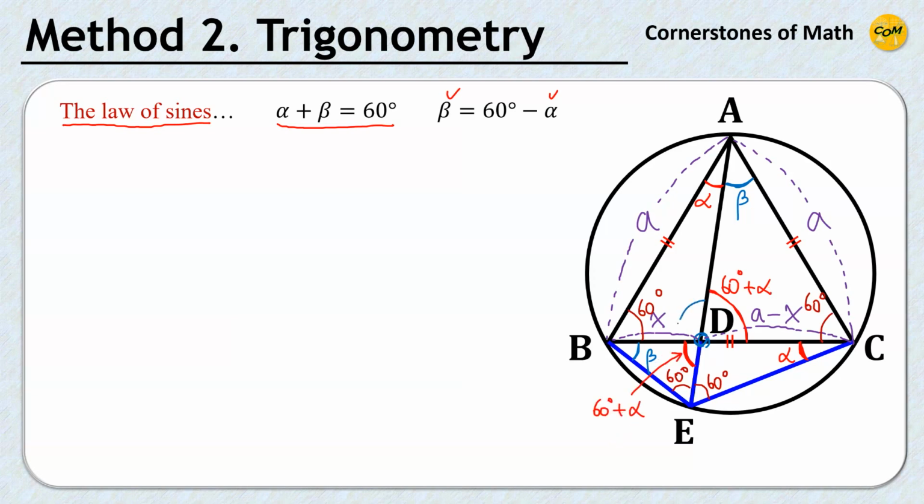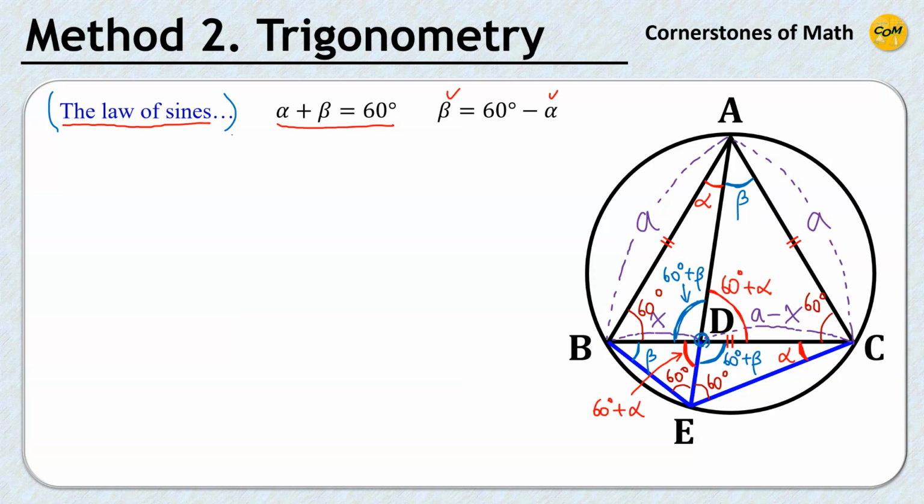Likewise, as for these angles ADB and CDE, their measures are 60 degrees plus beta each. These are pretty much everything we need in order to apply the law of sines.